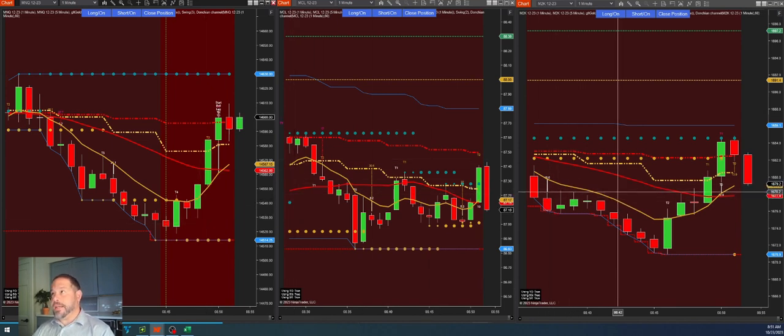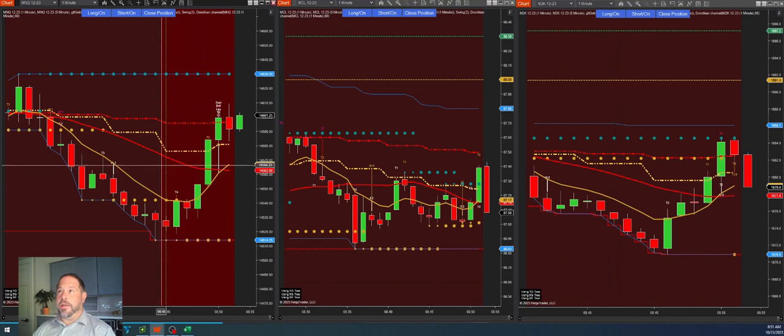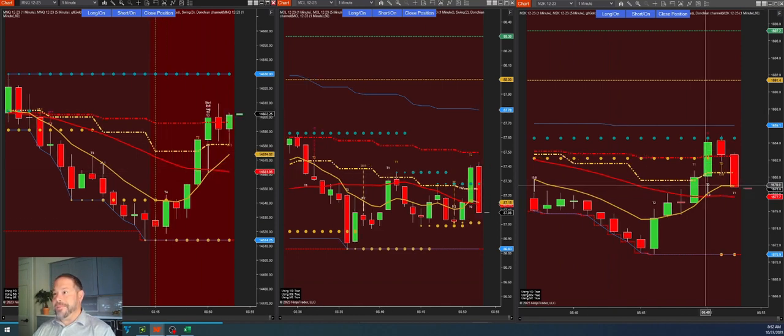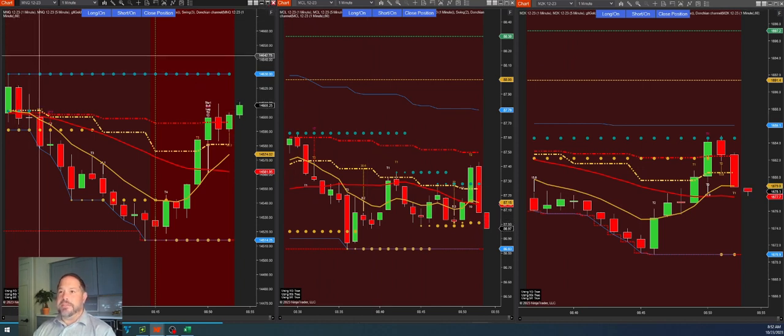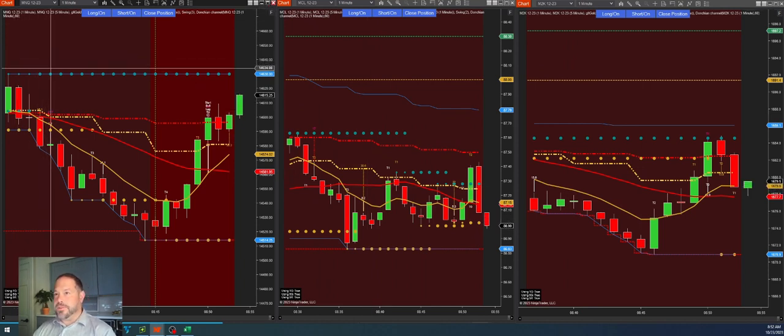This is my cash account now, on all three of these symbols. So I've got the Russell, which is the M2K, which is the micro version of the Russell. I've got the MCL, which is the oil contract, but the micro version of it. And I've got the MNQ, which is the NASDAQ, but again, the micro version of it.